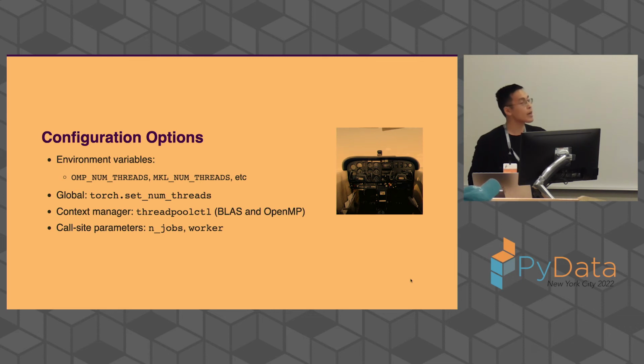There are also context managers like threadpoolctl that set it locally in Python. And there are also call site parameters like workers and jobs. There's a lot. Maybe an issue. It would be nice if there were a unified way to do this. But if you're new to a library, you have to go through the documentation to get this information on how to configure your library. That's on the configuration side.